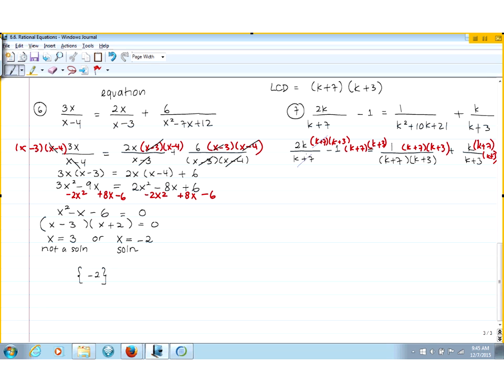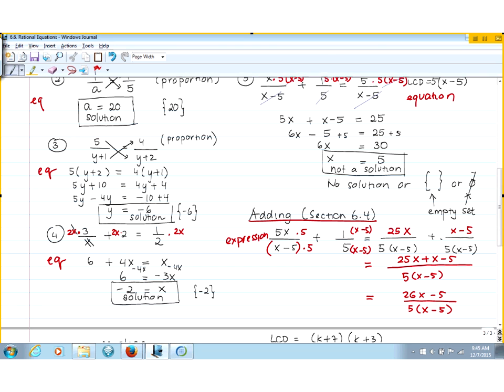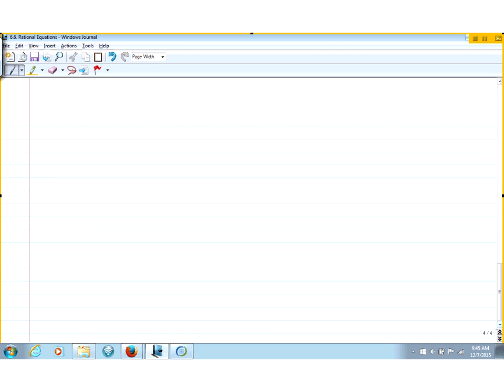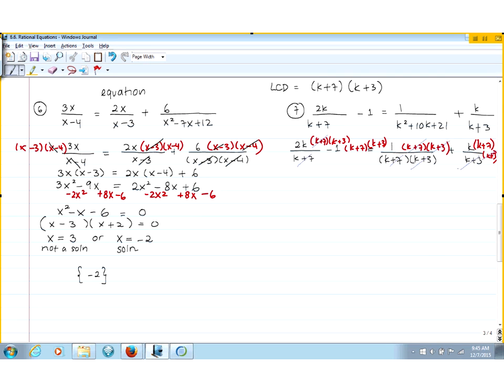So let's see which ones cancel here. Oh, the k plus 7 cancels. These ones, k plus 7 and k plus 3, both cancel. On this one, the k plus 3 cancels.